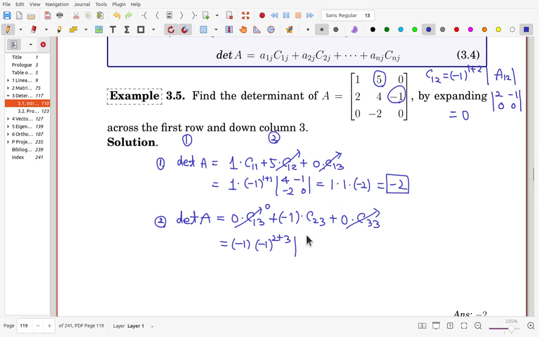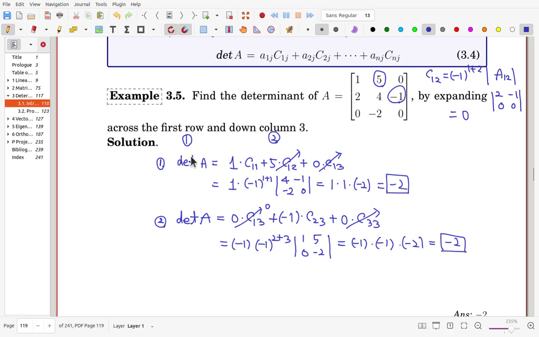The remainder is 1, 5, and 0, minus 2. Minus 1 times, again this is minus 1, and the determinant is AD minus BC, which is minus 2. So that is minus 2.